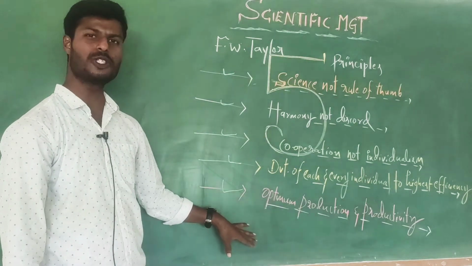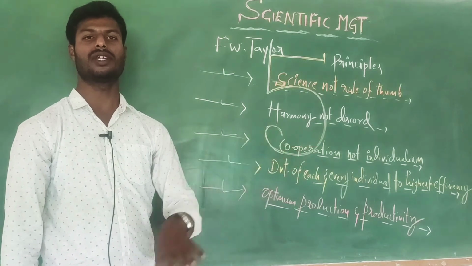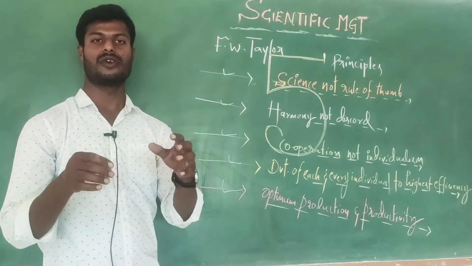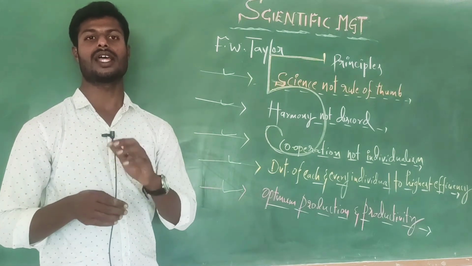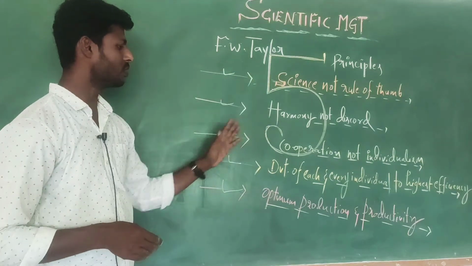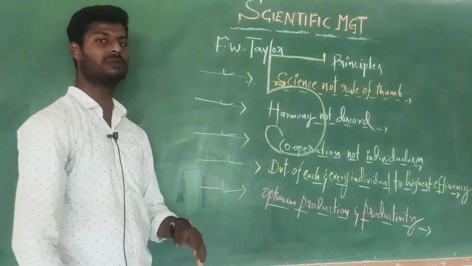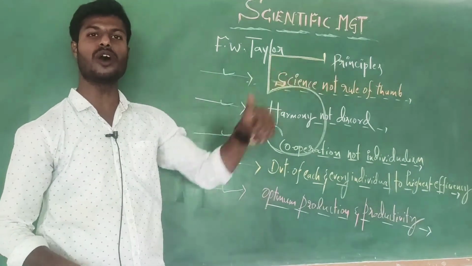Usually we apply these scientific principles in the day-to-day activities of the production department for effective management of resources and activities. The first one is science, not rule of thumb. Scientific management opposes rule of thumb.